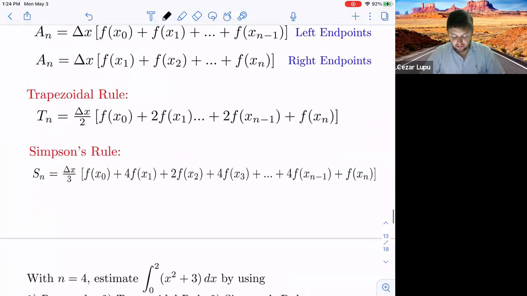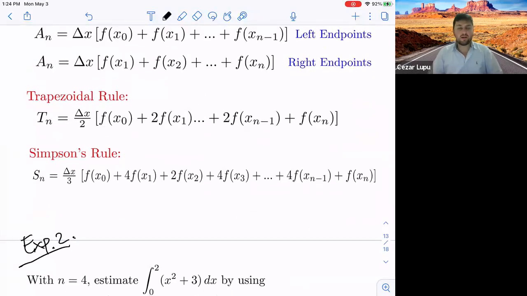Let me just do the following example, and I would like you to think of it for a bit. So let's just use n equals 4. We'll divide the interval [a, b] into 4 subintervals.